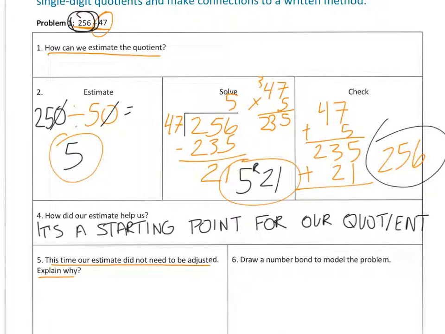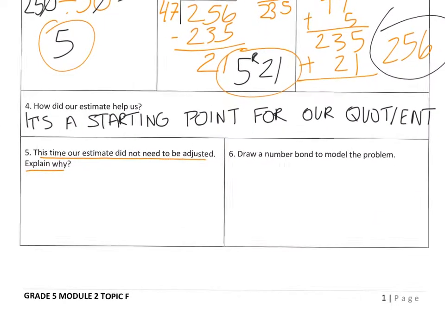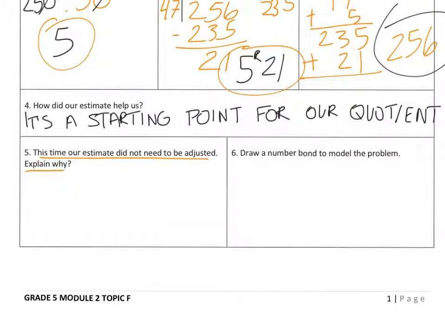So this time our estimate didn't need to be adjusted. Explain why. Because our remainder was not greater than our divisor. 21 is not bigger than 47. So I'm going to put it that way. Our remainder was still smaller than our divisor.